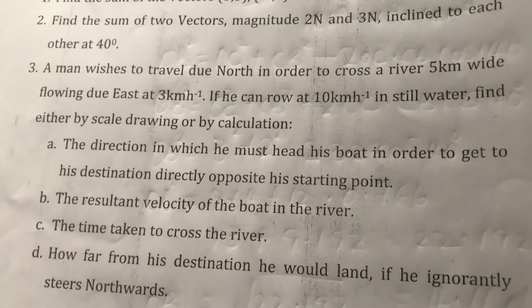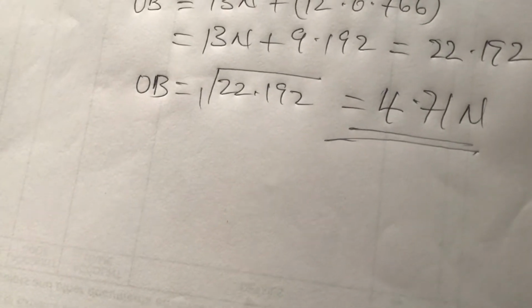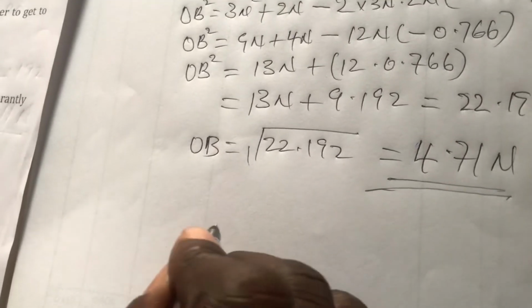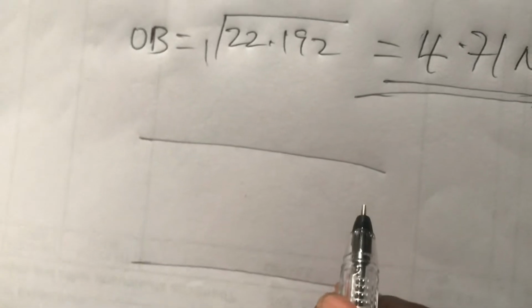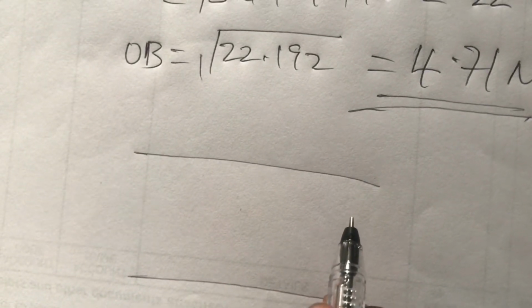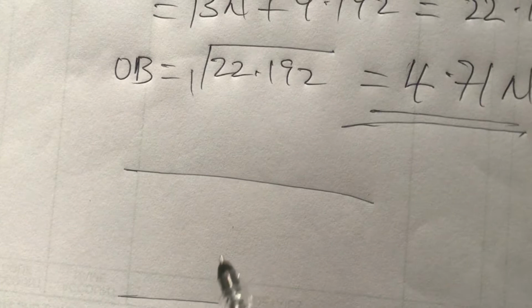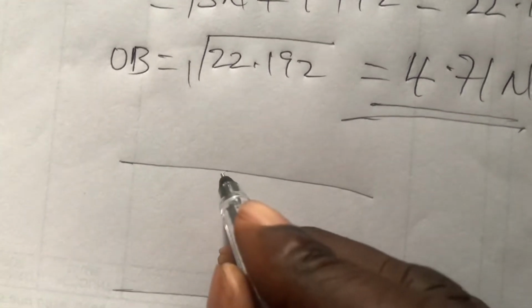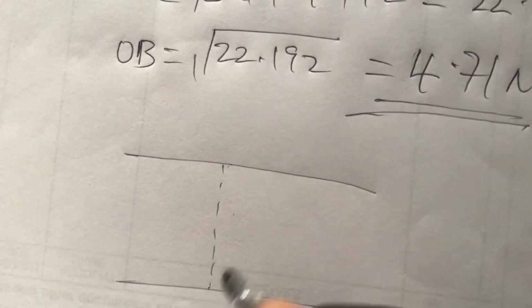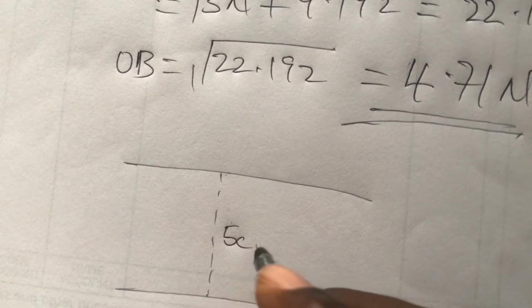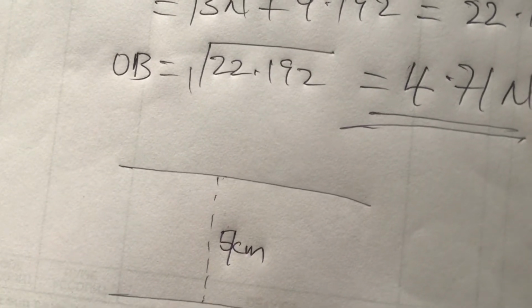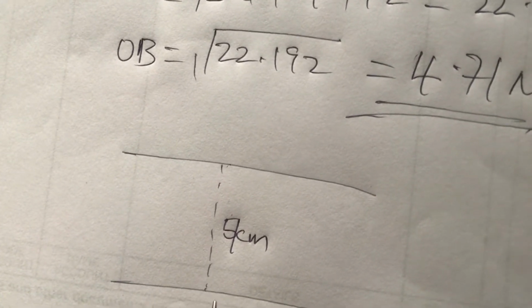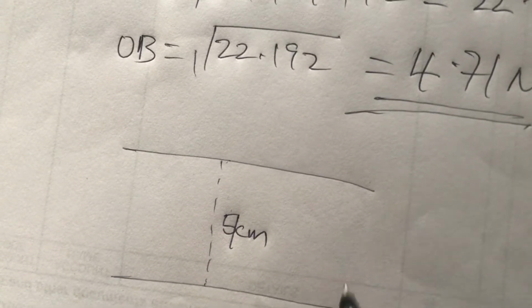Looking at the question, this is the river. A man wishes to travel due north across the river 5 kilometers wide. That means this is 5 kilometers wide. The river is flowing due east, this is east.